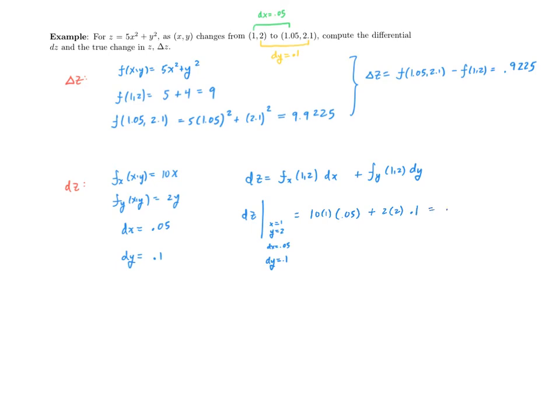This gives us 0.5 plus 0.4, which is equal to 0.9. So as a reminder, this differential dz is determined by multiple quantities. This point where the function is easy to compute, in our case 1, 2, and small changes you're making in the x and the y direction.